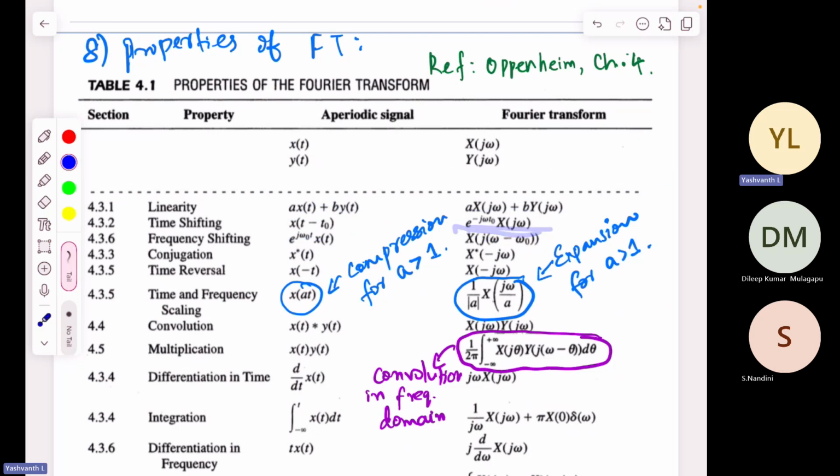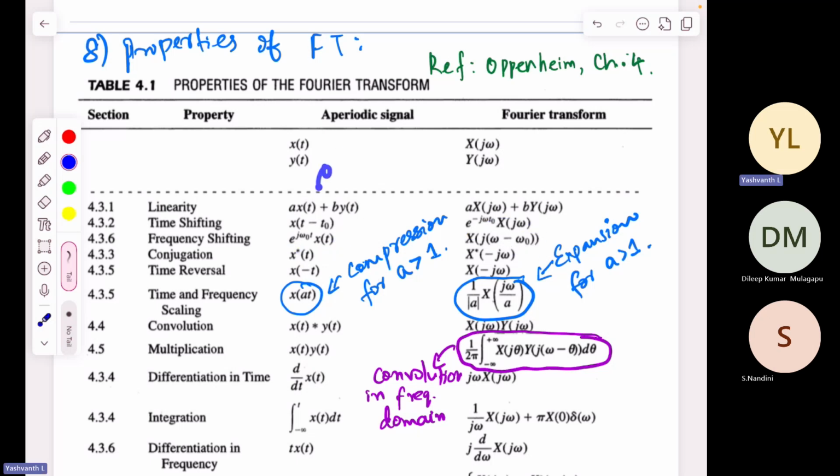Okay. Next, frequency shifting property. What is frequency shifting? If I multiply by an exponential signal in the time domain, that is e power j omega naught t into x of t, that will have the corresponding Fourier transform x of j omega minus omega naught. This is again similar to Laplace transform.